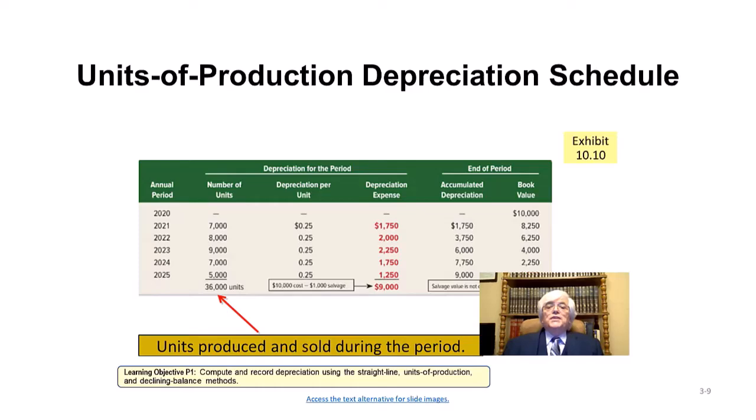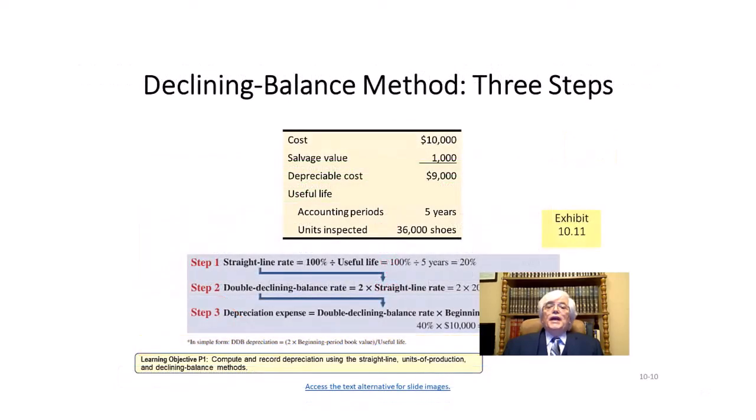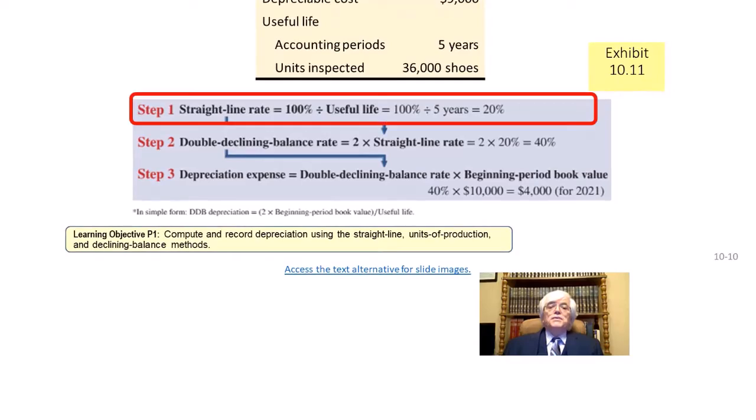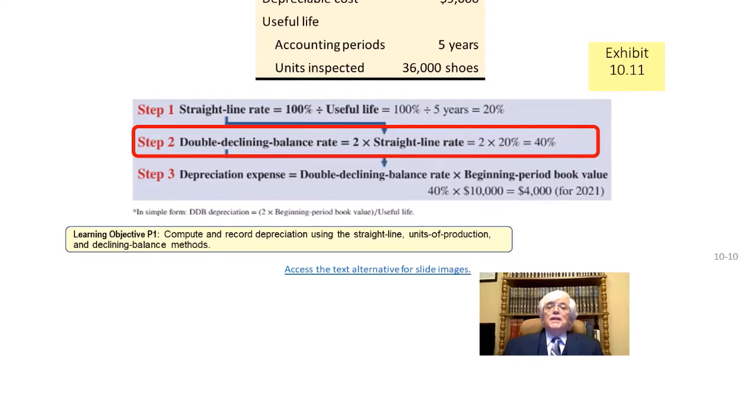Declining balance depreciation is designed to give you a large depreciation expense in the early years of an asset's life and smaller expenses in later years. Compute declining balance depreciation as follows. Compute the straight line rate as a percentage. Compute the declining balance rate by multiplying the straight line rate by a factor greater than 1.